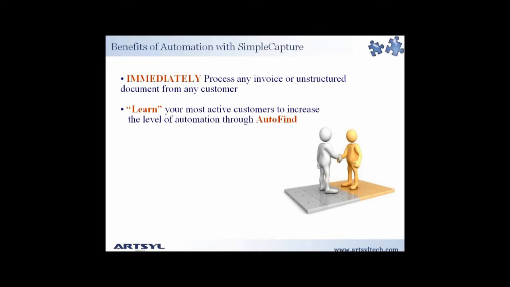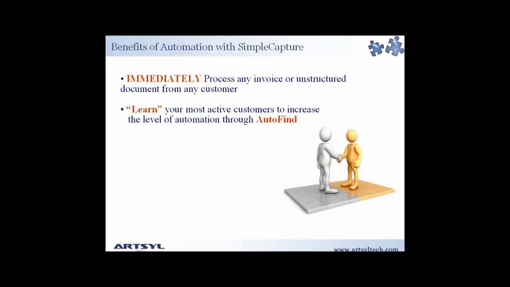As Gary pointed out, with AutoFind, you can learn all of your documents, especially documents like invoices, where you have fixed information, things like vendor name, vendor phone number, vendor address, vendor invoice number, vendor invoice date. Regardless of what vendor it's coming from, that information is typically in the same position on an invoice from one particular vendor.